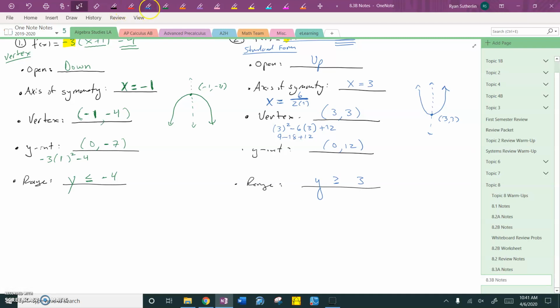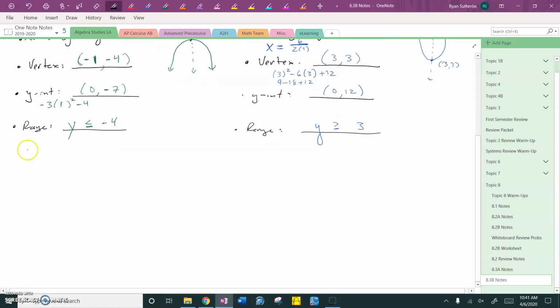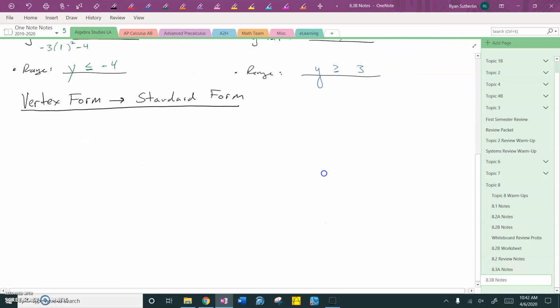Standard to vertex is a little tougher. So this is the new content. What we want to do is be able to go from vertex form to standard form and analyze the graphs and see that they are the same. So let's do example 1.